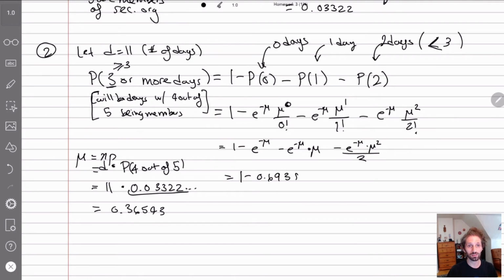I'll show one step: 0.6939, minus 0.253, we'll round here, 0.0463. Obviously, my calculator has all these extra digits, and I end up with 0.006199112. And that's it. We're done.